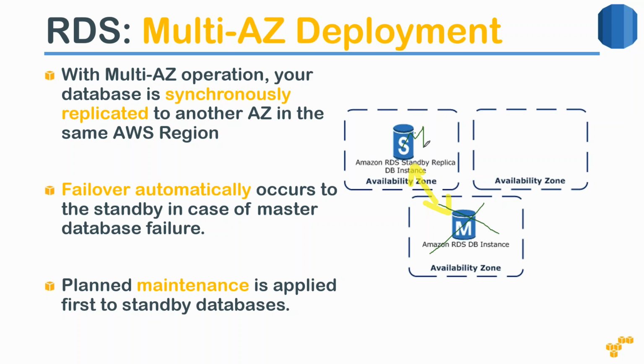Your applications will not notice any changes, and automatically this will be promoted, and another slave will be created in the other availability zone. If there is an availability zone level failure, then the slave will not be created.